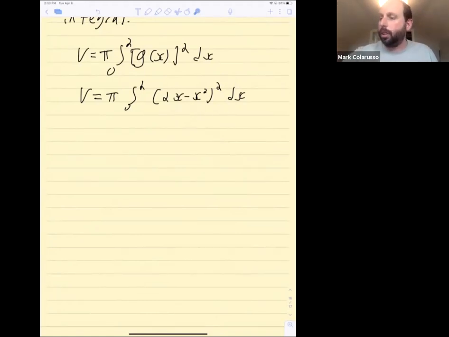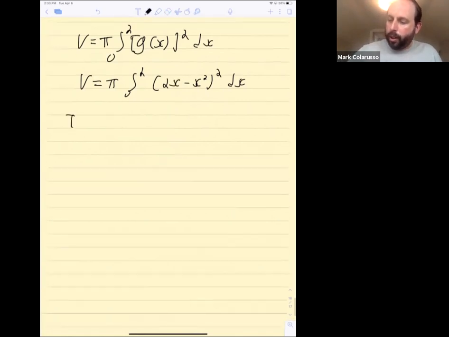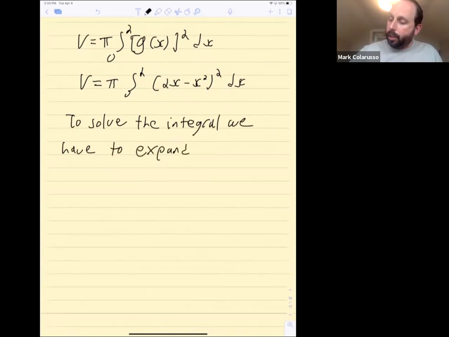It's too tricky. So to solve the integral, we have to expand the quantity 2x minus x squared, squared.